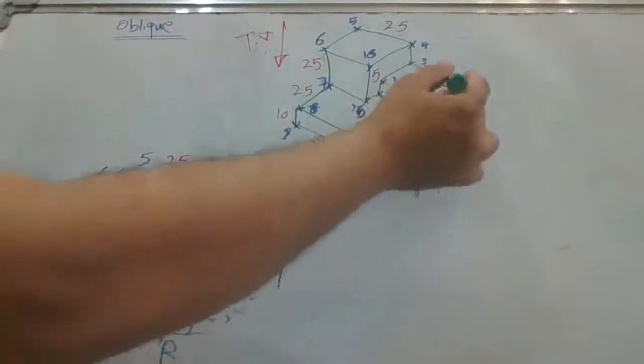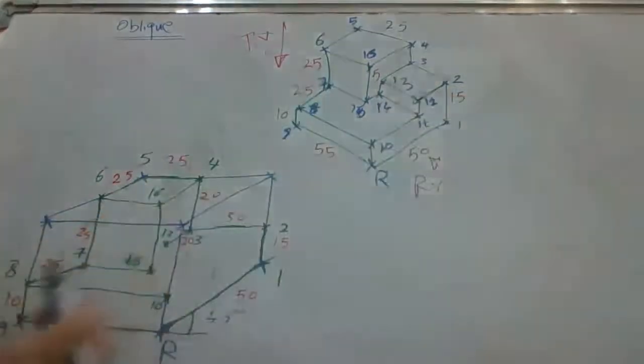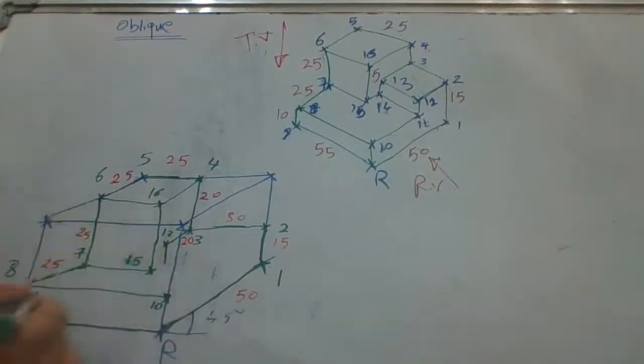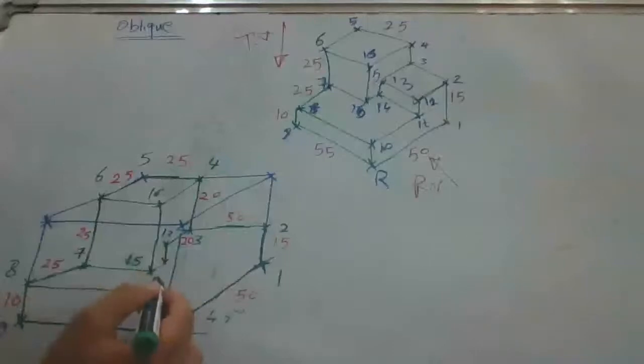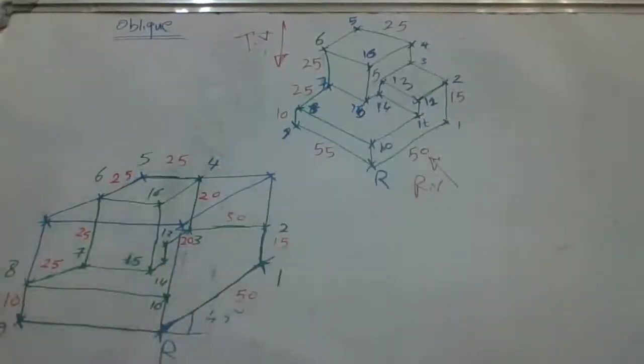The difference between the two lengths is 11 to 12, 5 millimeter. So from here, 5 millimeter, we can get here 14. Connect point 14 with 15 like this.